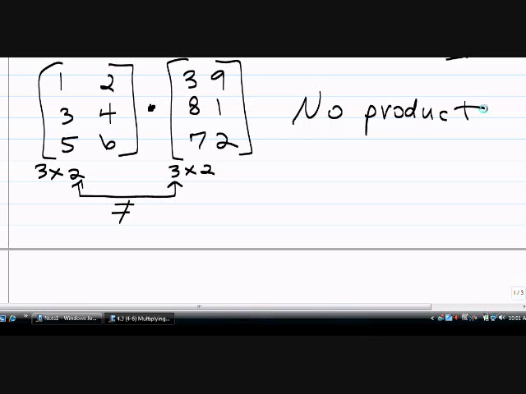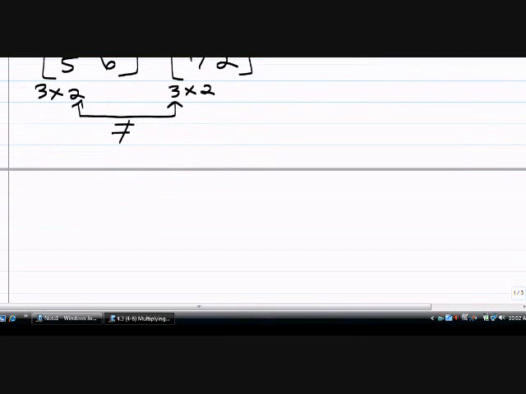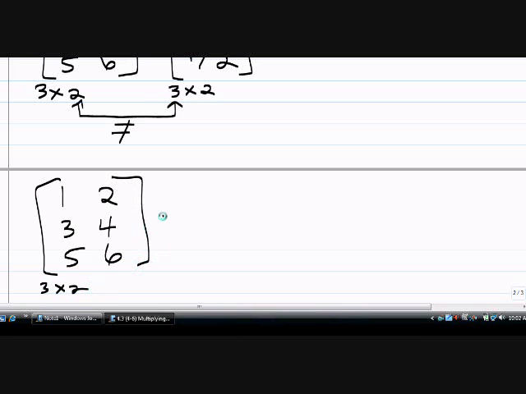Okay. Let's do one that works. Let's do a 3 by 2. There's a 3 by 2. What is the second dimension? How many rows do I need on my second matrix? 2.